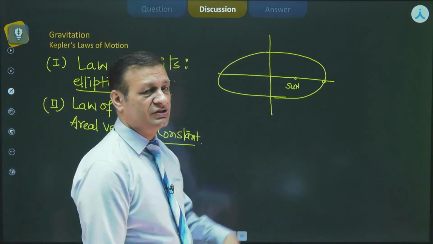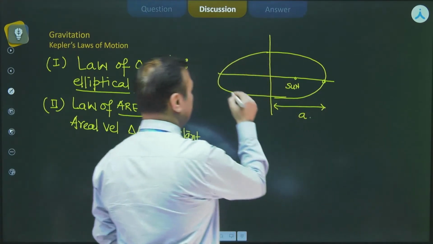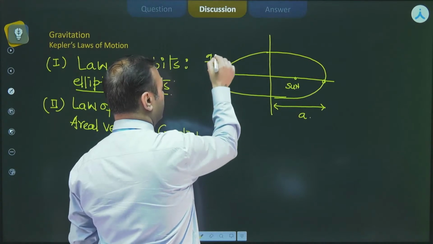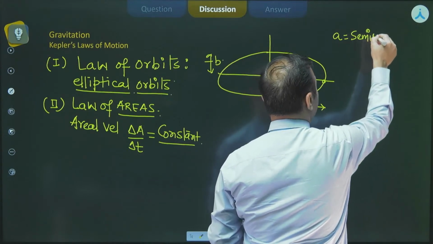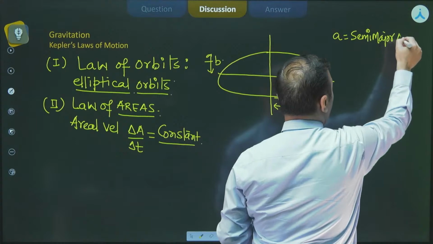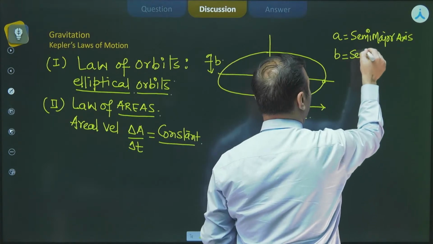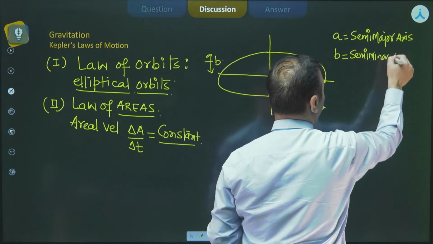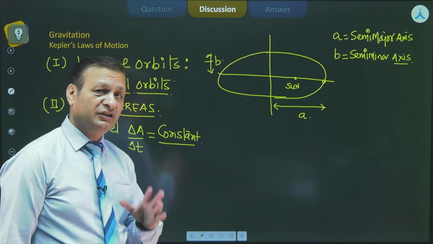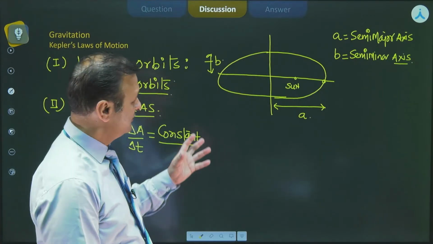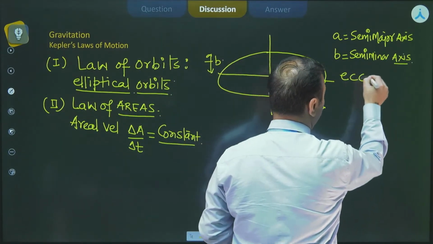As we can see, this is your ellipse. This is your semi-major axis, let it be A, and this is your semi-minor axis B. Then we have another term that defines the technicality of this ellipse: eccentricity.